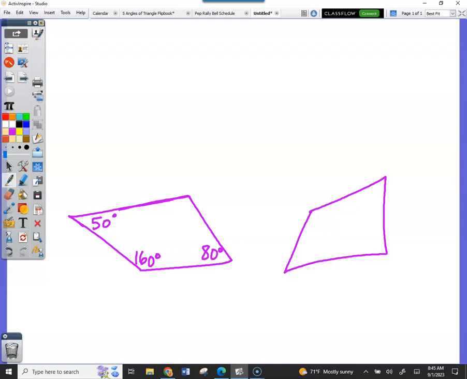Any four-sided polygon, the angles add up to, yes, because if I connect any single diagonal, I now have two triangles that each measure 180, and what's 180 plus 180? 360. So this quadrilateral adds to 360.